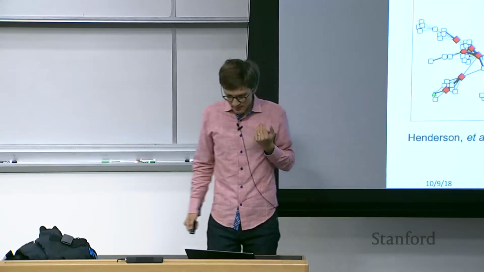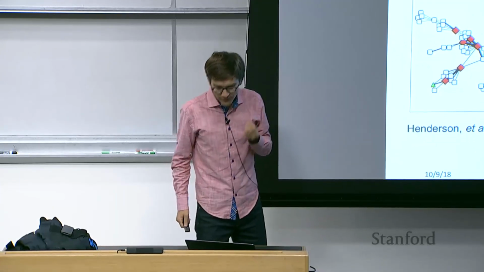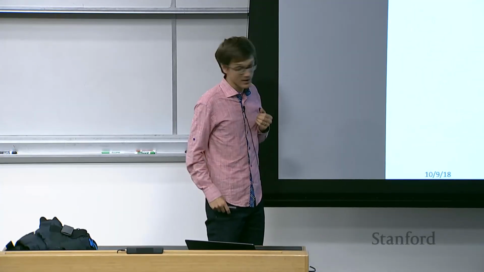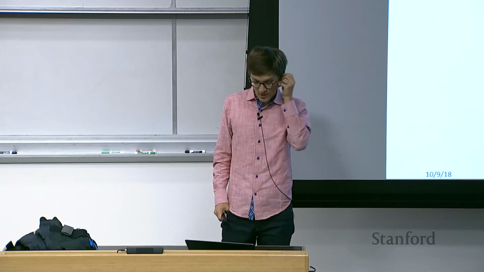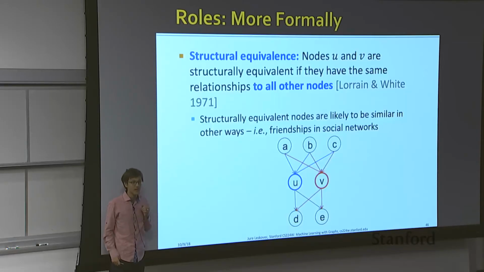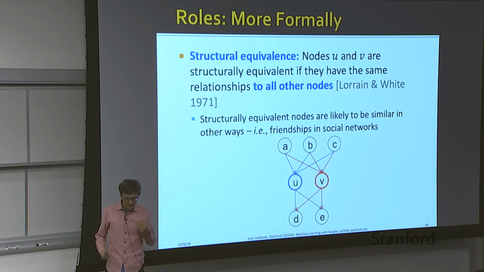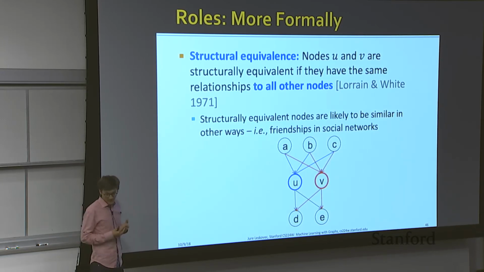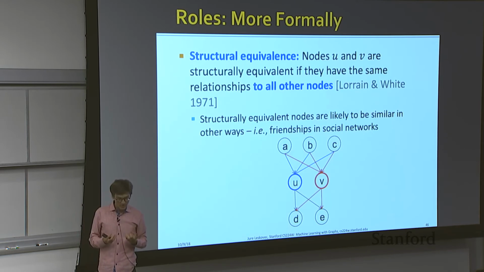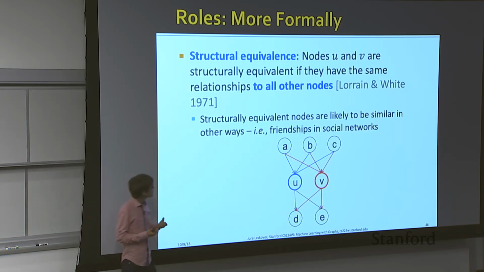So let me tell you how to define a role more formally. And this is actually a concept coming from social network analysis from the 1970s. The idea is that there is this notion of structural equivalence, where it is said that nodes U and V are structurally equivalent if they have the same relationships to all other nodes, right?